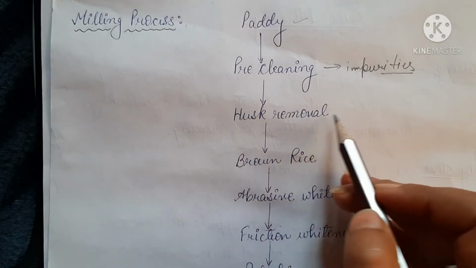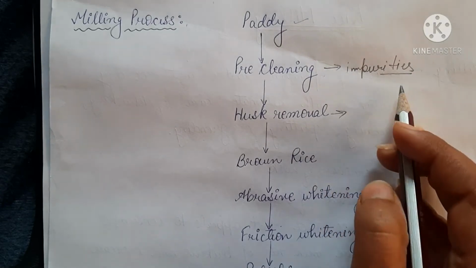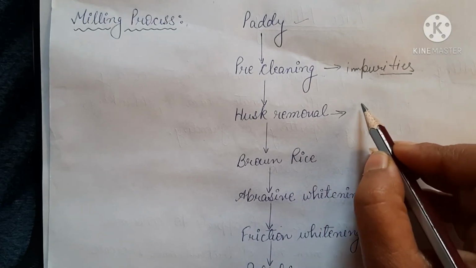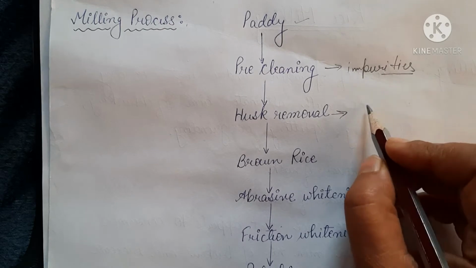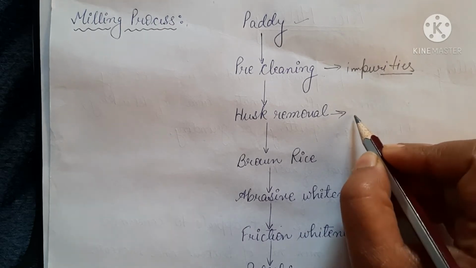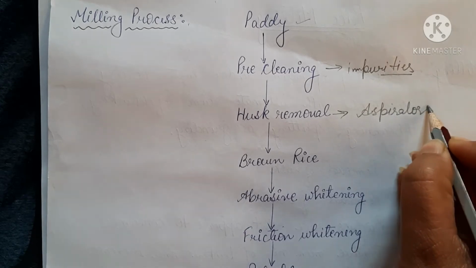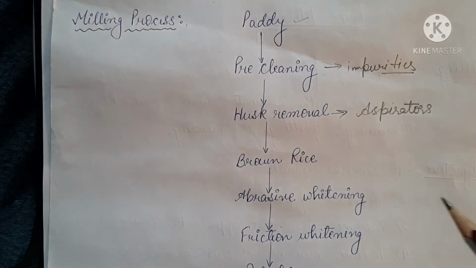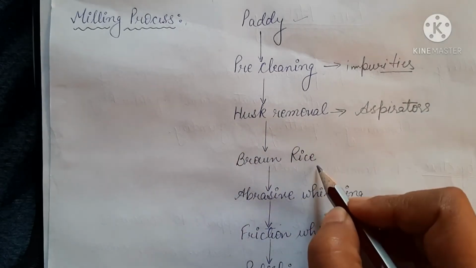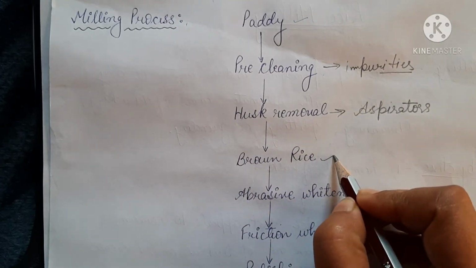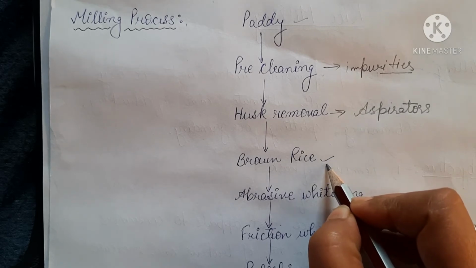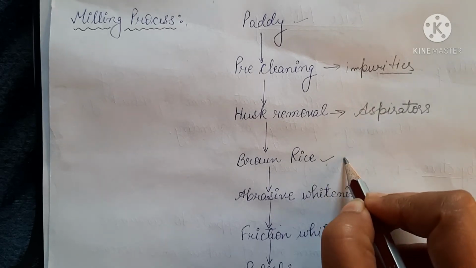Then removal of husks. After pre-cleaning, the husk is removed using aspirators. The air is blown and the husk is separated from the rice kernels. Then what we get is brown rice. We call this rice brown rice because it contains bran, right?